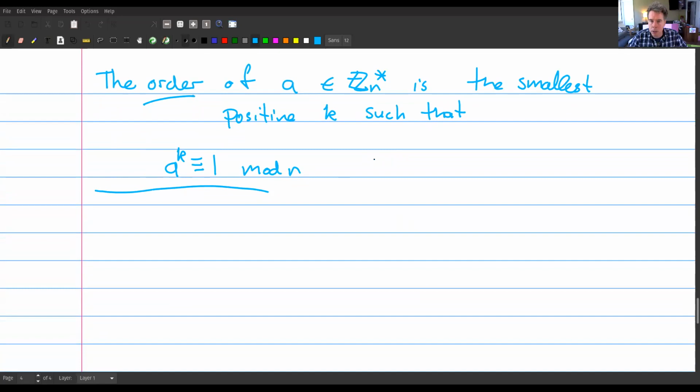Is that what we were doing on the other page? Kind of. In the previous page, when n is equal to 15 and a is equal to 7, we showed that 7 to the phi of 15, which is 7 to the 8th power, is congruent to 1.